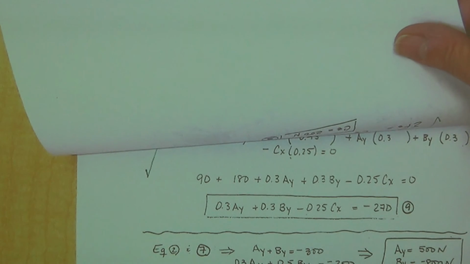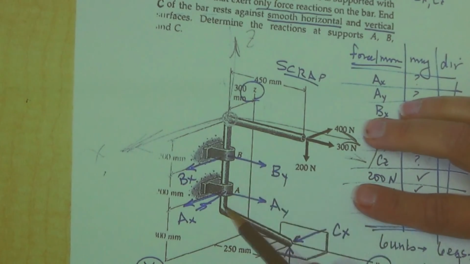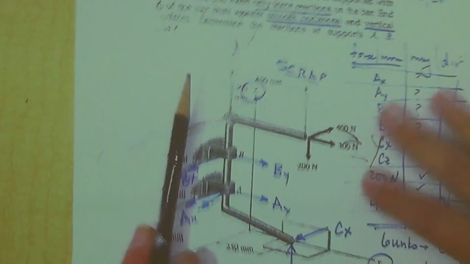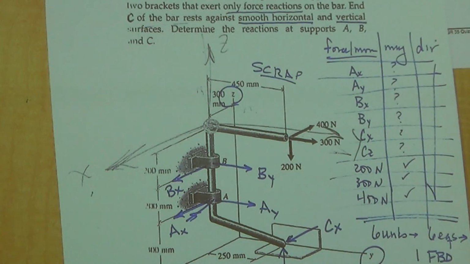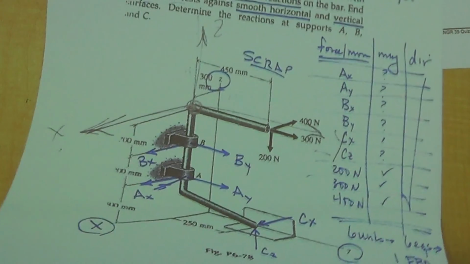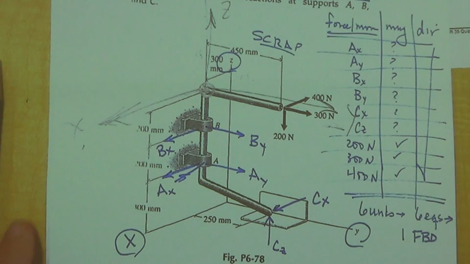Okay? Your equations would be different, but the answers would be the same because the forces are still in the same spot. Everybody heard that, right? So you could put your axes wherever you want and then you solve for the moments, but in the end you're going to get the same answers as I did with keeping my origin where it was.